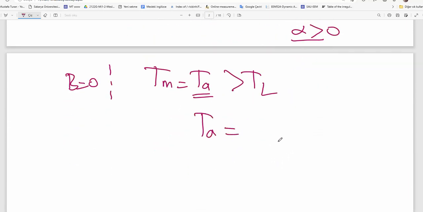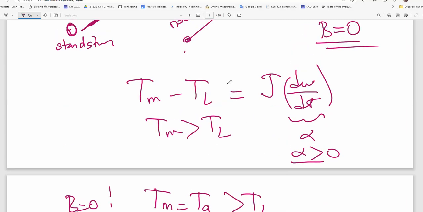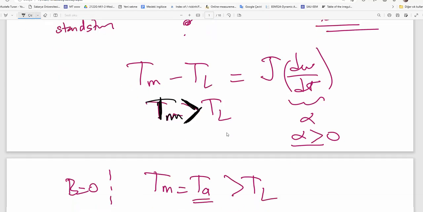Torque, remember, was Ka times flux times armature current. So you need mechanical torque, ladies and gentlemen, and it must be larger than the load torque.